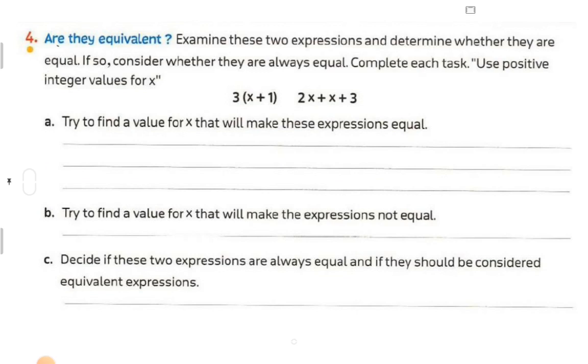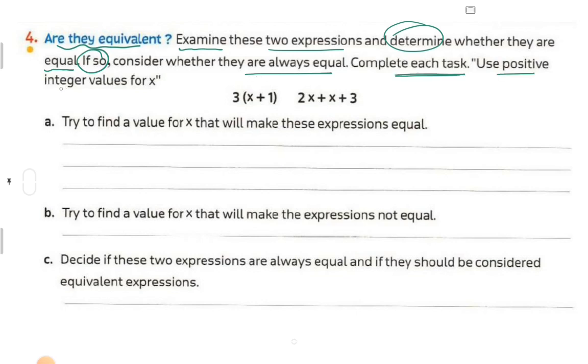Question number 4. Are they equivalent or not? Examine these two expressions carefully and determine whether they are equal or not. If so, consider whether they are always equal. Complete each task.